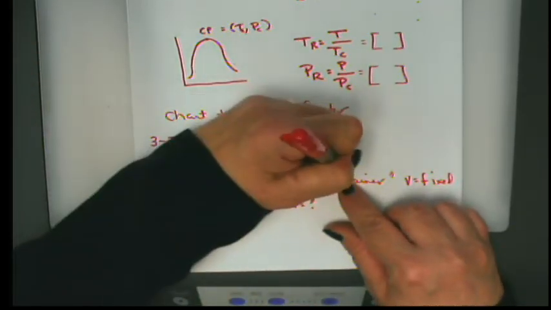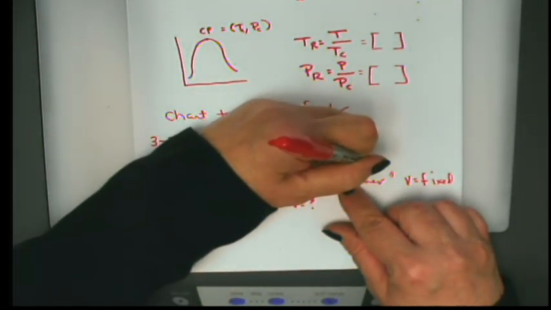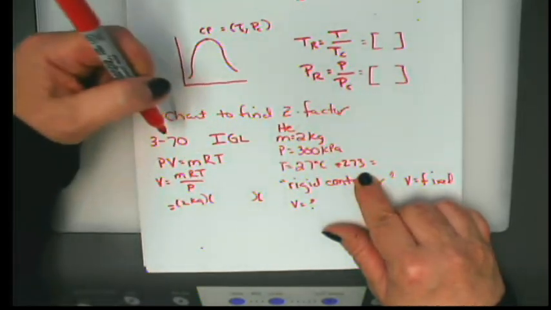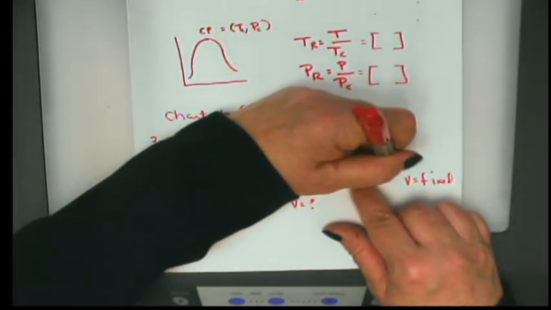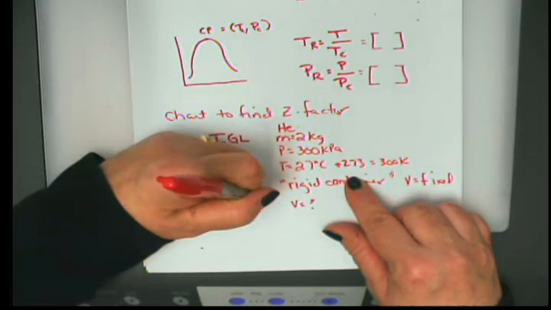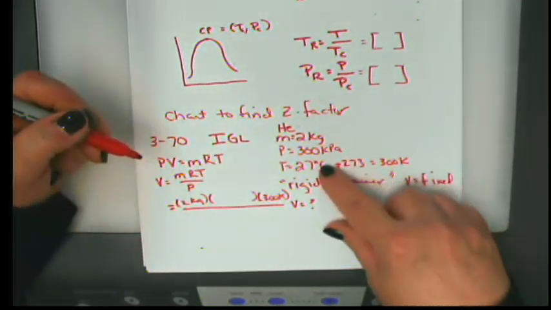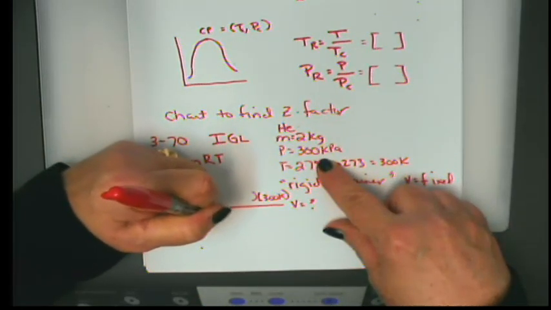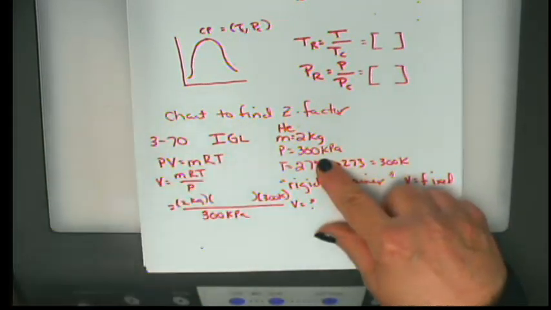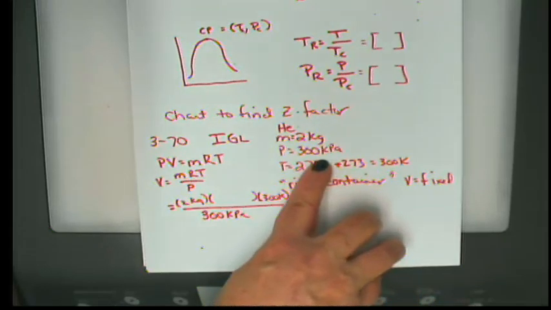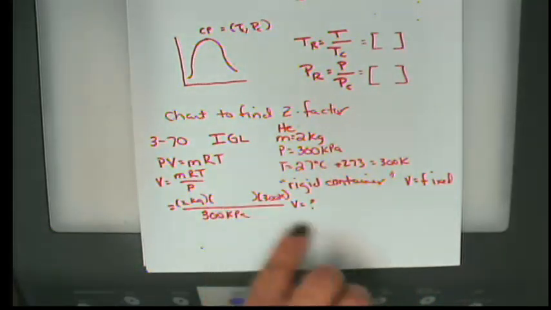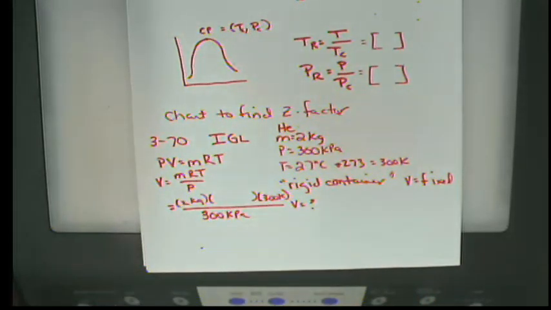T, we have to add 273 to get to degrees Kelvin, so that's 300 Kelvins, over a pressure of 300 kPa. So we need to go back into our tabular data and find a value of R that's going to make this work for helium. So I'm going to switch back over again.